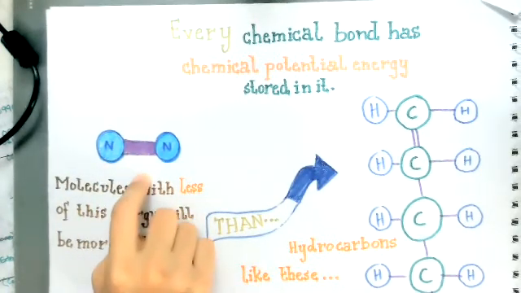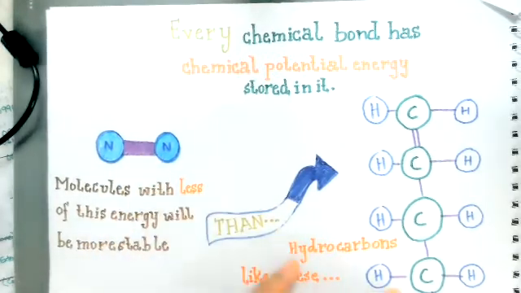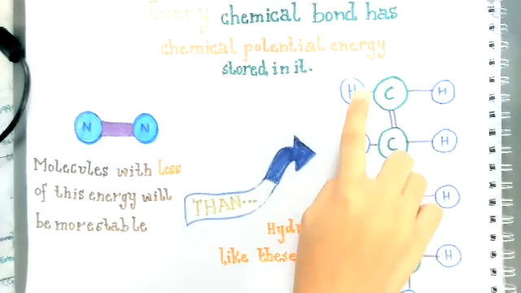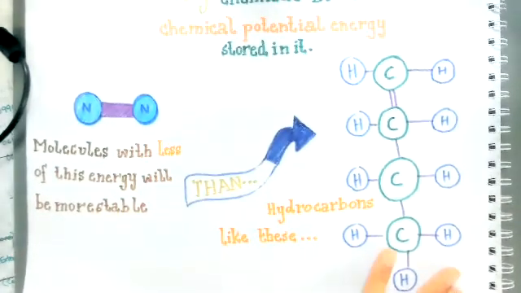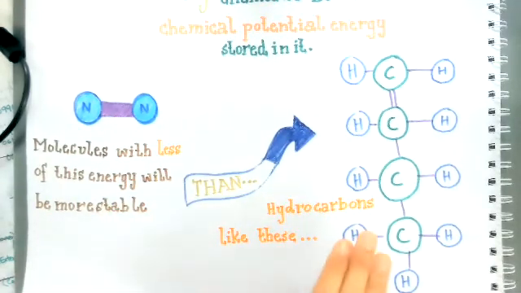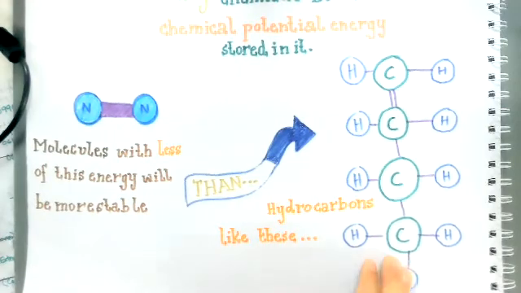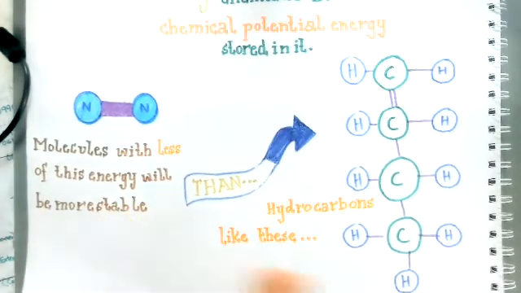It has a triple bond. Okay, three bonds here, and the bonds over here are four, so there are eight bonds here. Eight bonds here, three bonds here. Obviously, this is going to have more chemical potential energy because every bond has chemical potential energy. So this molecule is more stable and this molecule is less stable.